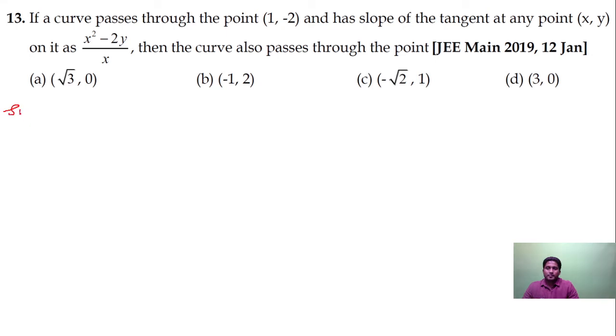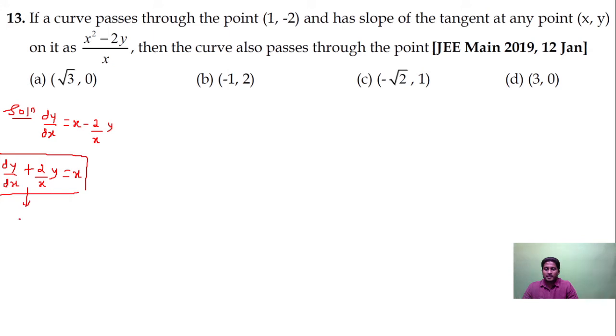The curve passes through the point 1 comma minus 2. Slope of the tangent dy by dx is equal to, if I divide by x, you get x minus 2 upon x into y. So this is dy by dx plus 2 by x into y is equal to x. Now this is of the form dy by dx plus py equal to q, a linear differential equation.